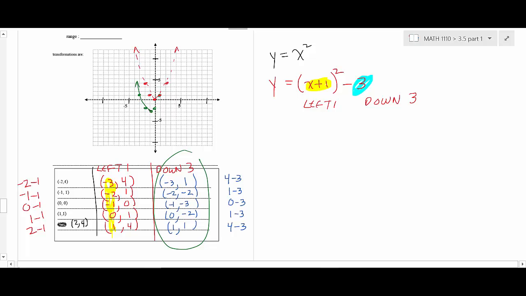That's what your final product looks like. Can you see that all we did was move left 1 and down 3? Every point did that. That problem is easy enough to do without the table, because all you're doing is taking every point left and then down in that order. Everybody okay?